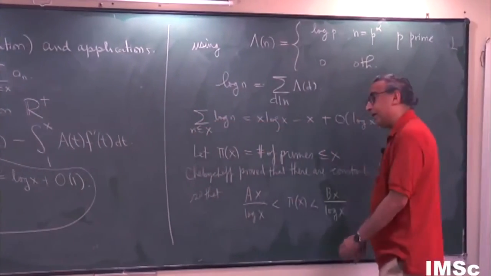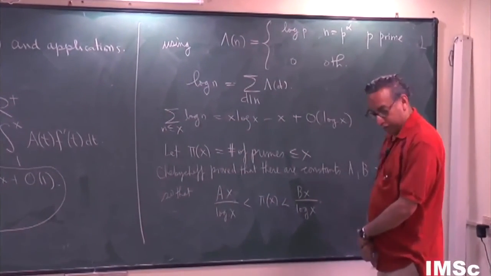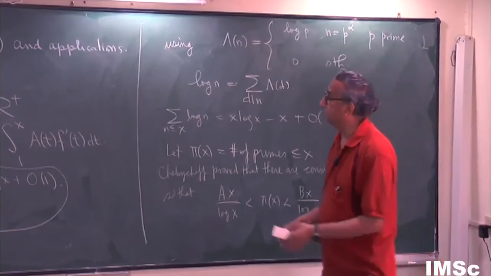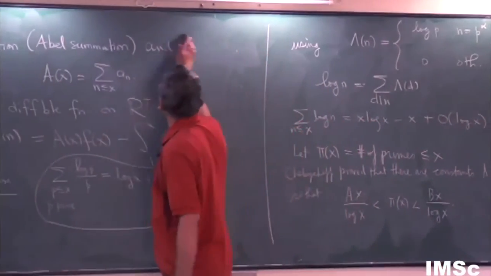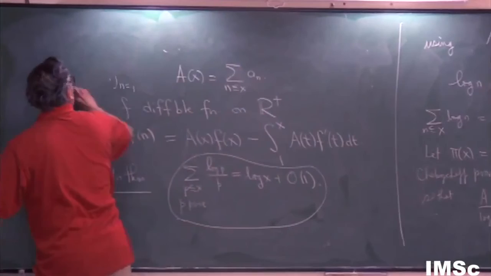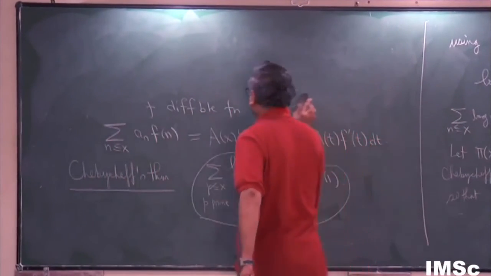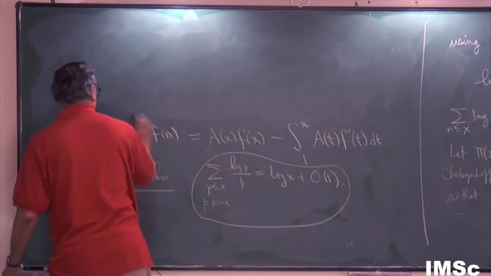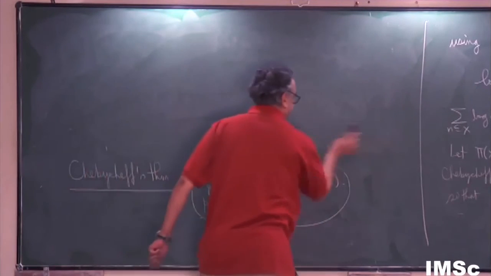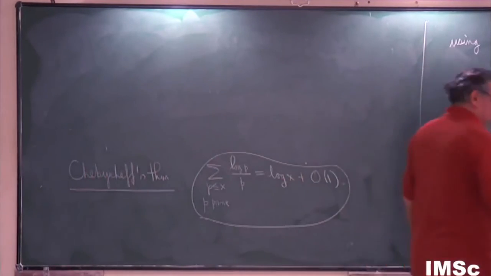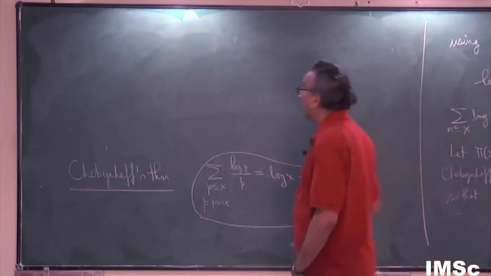And of course, he tried very hard to prove what's called the prime number theorem. This is around 1840, 1850, or thereabouts. So Chebycheff tried very hard to prove the prime number theorem.